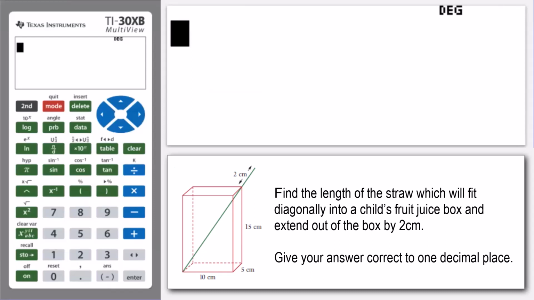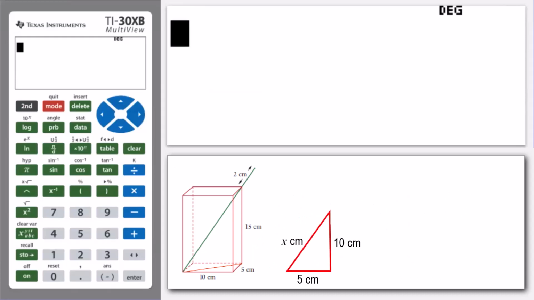So first of all, we're going to form a right-angled triangle with the base of the box. Our two perpendicular sides are going to be 10 centimetres and 5 centimetres, and we're going to let the hypotenuse be x centimetres. So our first goal here is to find x.